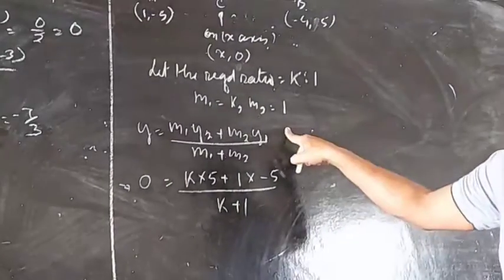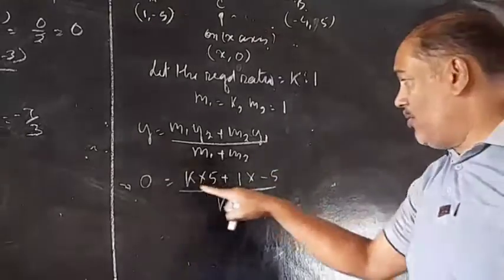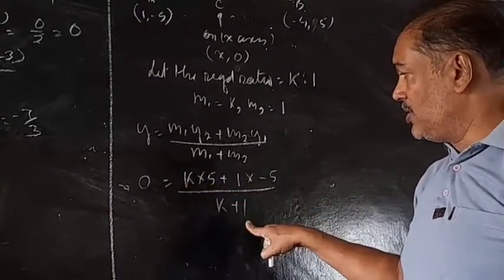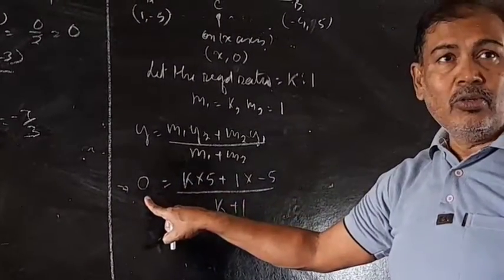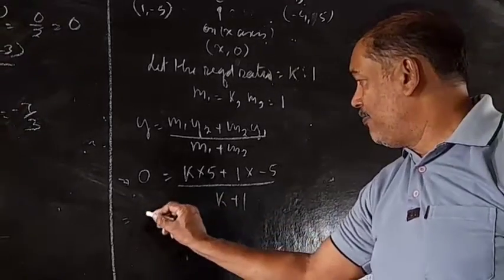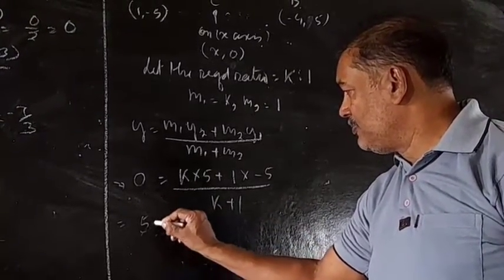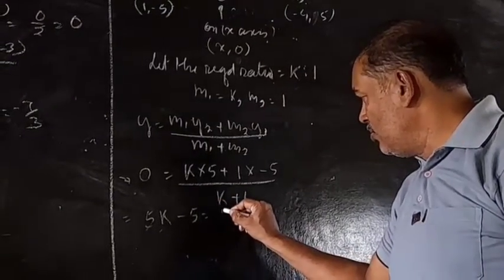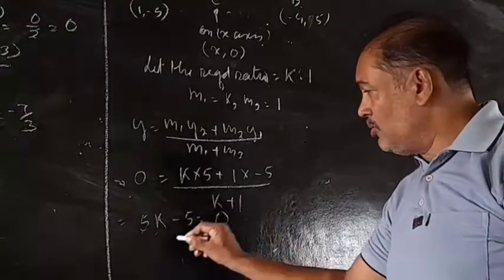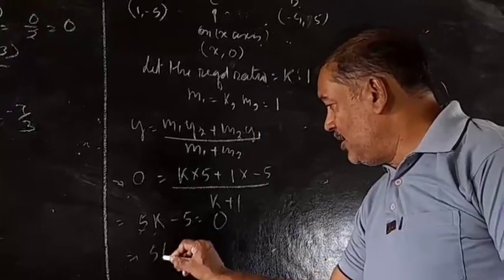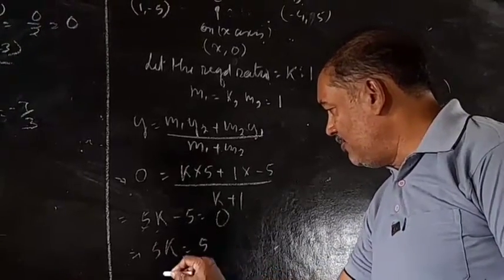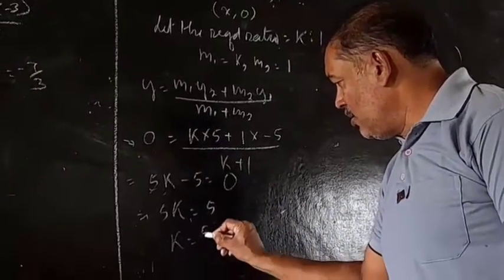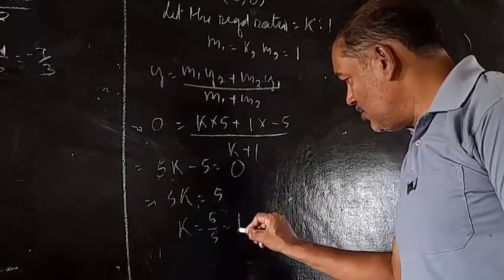Then what will we do? Cross multiplication. K plus 1 multiplied by 0 is equal to 0, that is, 5k minus 5 is equal to 0. So 5k is equal to 5. So k is equal to 5 on 5, that is equal to 1.